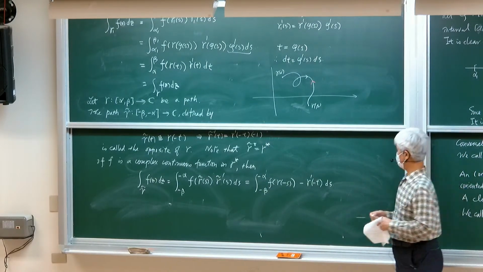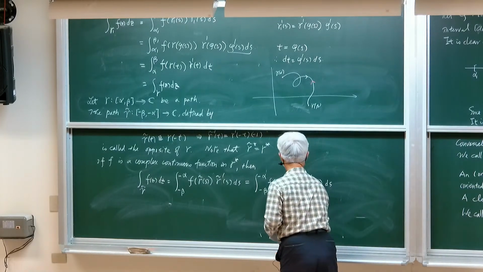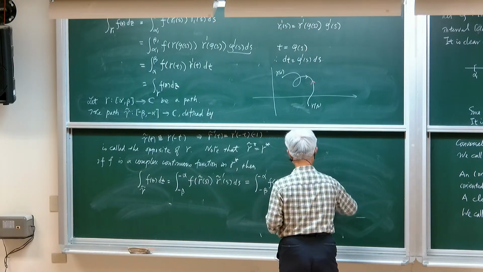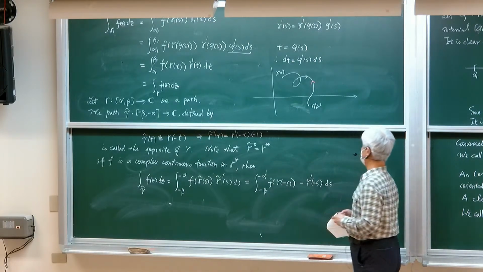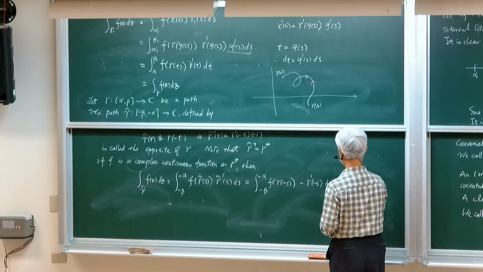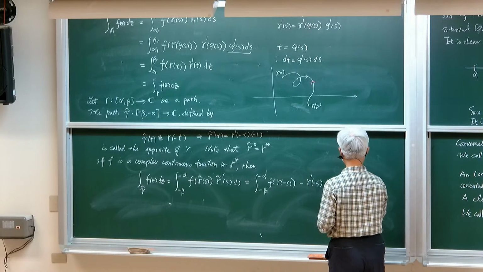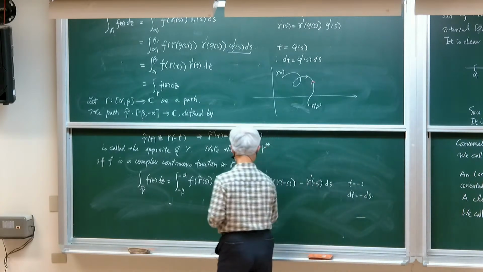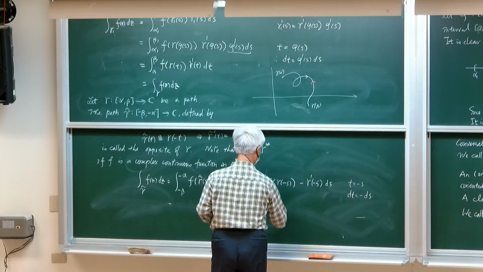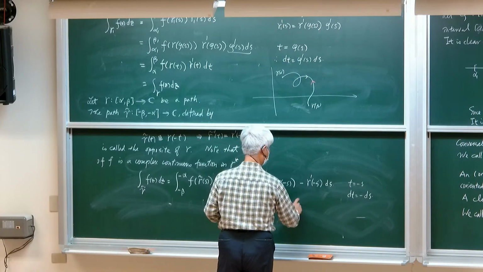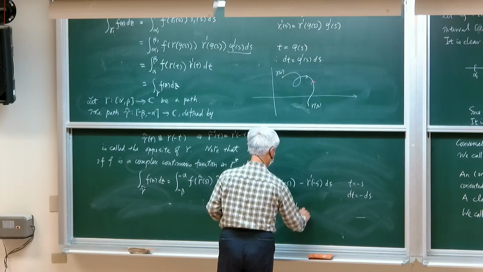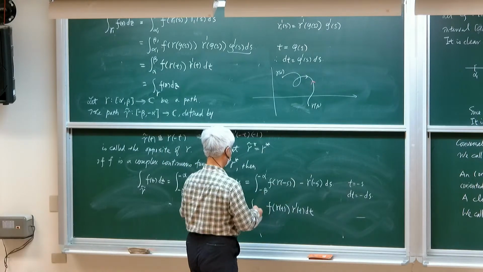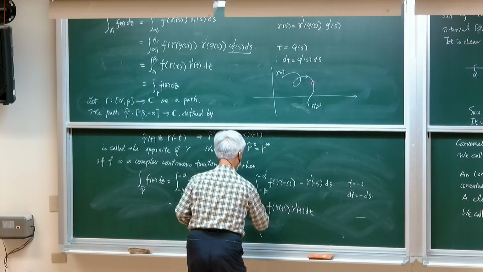Now we let t be minus s, so dt is equal to minus ds. And we have gamma t and gamma prime t and dt, and because of that we have beta to alpha here.